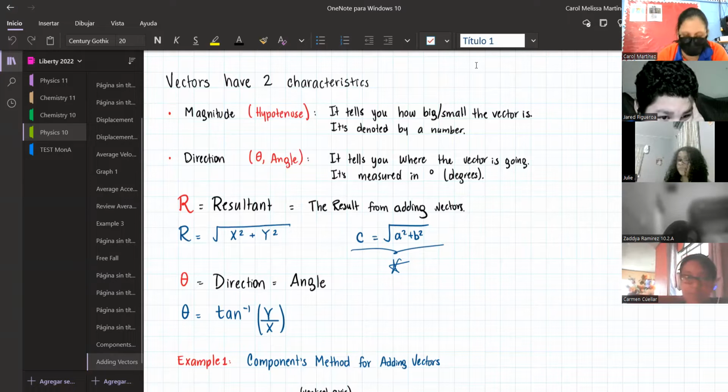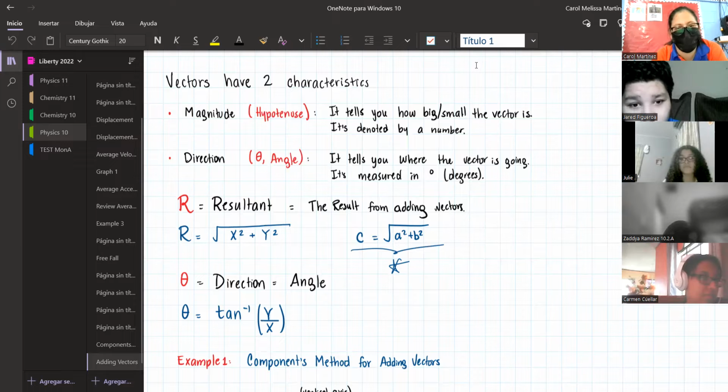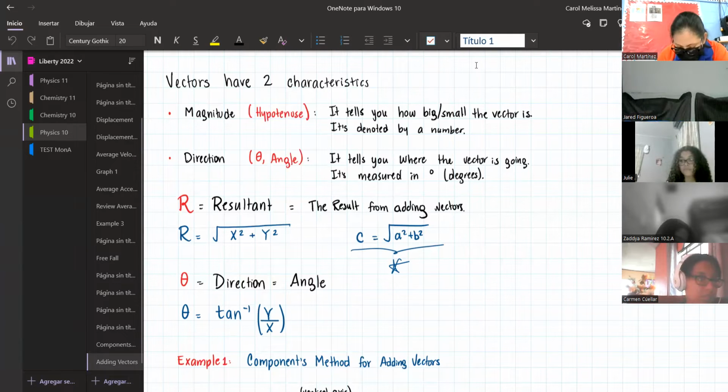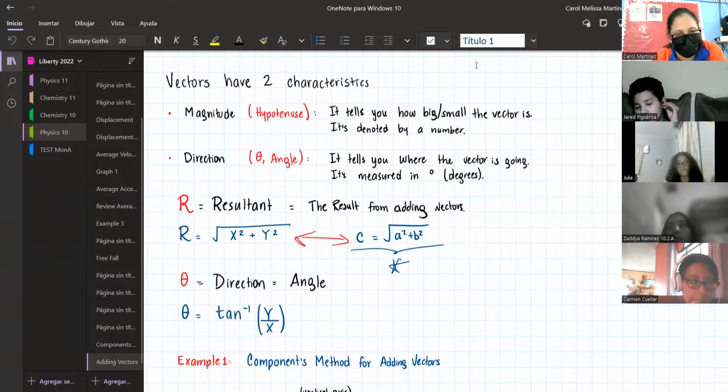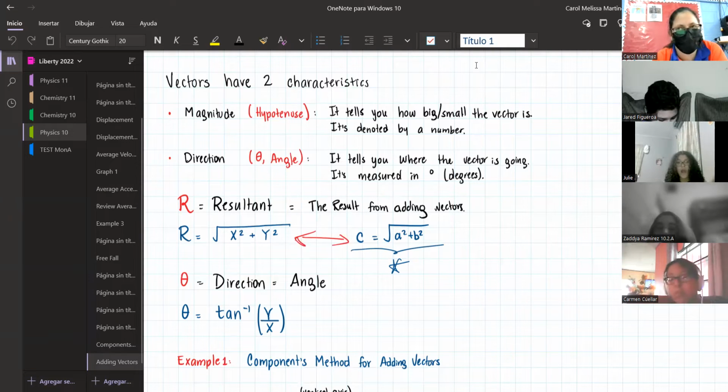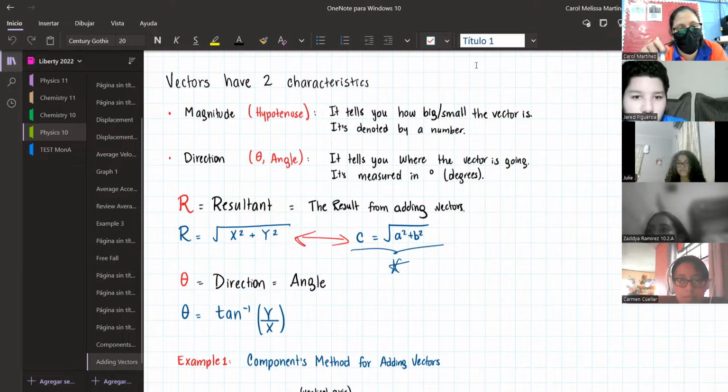In any case, this formula that I'm showing you at this moment is the one that we know as the Pythagorean theorem. And as you can see, the two formulas are alike. They are very similar. They have the same structure. R is equal to the square root of x squared plus y squared.